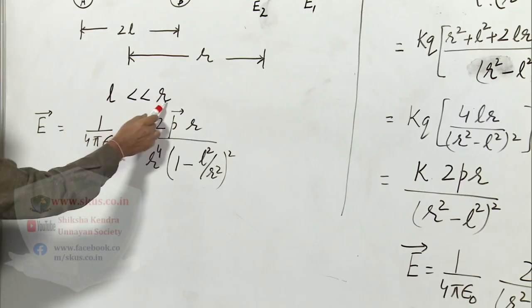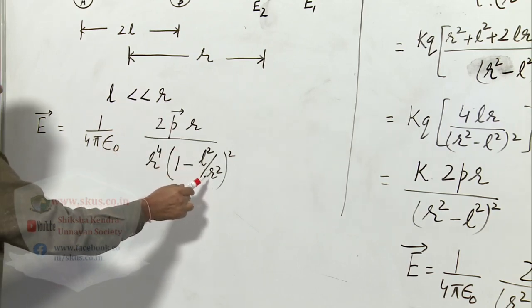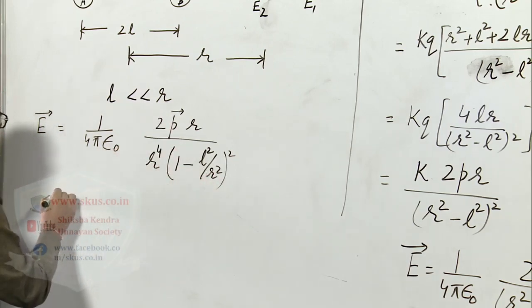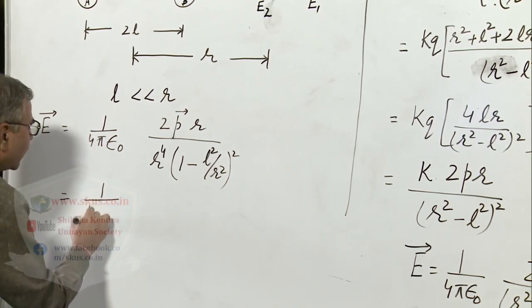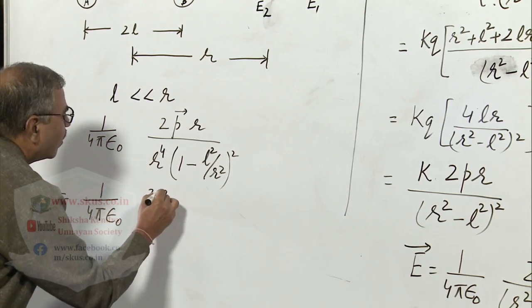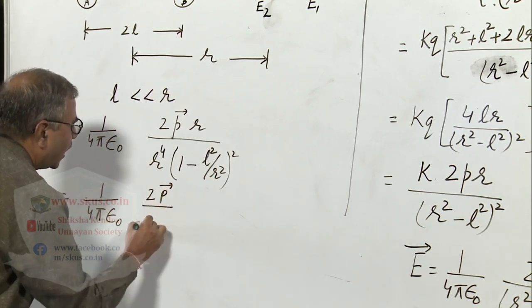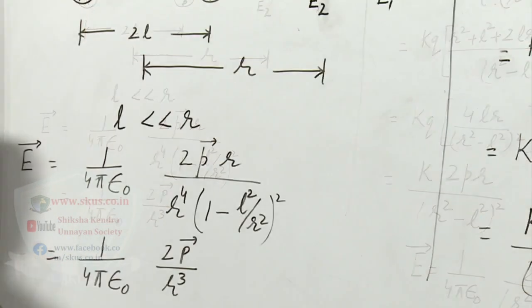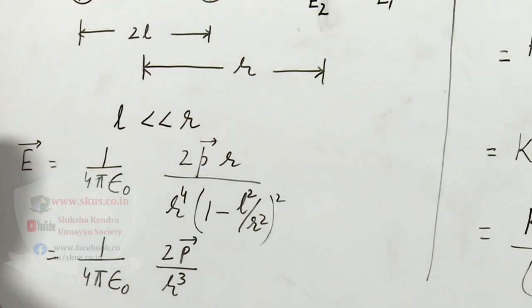When L is very, very small as compared to R, L square upon R square will be a very, very small quantity and can be neglected. So, the expression becomes 1 upon 4 pi epsilon naught 2p upon R cube. This particular case has two basic significances. Number one, the electric field on the axial line is directed along the electric dipole moment, and secondly, the electric field due to this dipole will be proportional to 1 upon r cube.